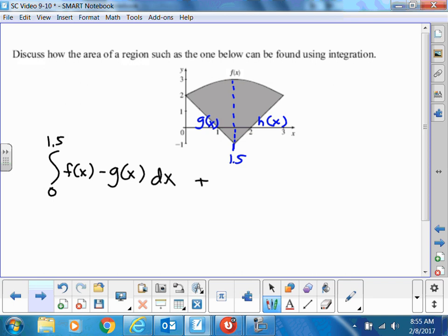And then we'd have plus, and now we would do it from 1.5 to 3. And now our top minus bottom would be f of x's function minus h of x's function dx. Now, we obviously can't solve that without knowing the actual functions, but this is the general setup that we would have to do.